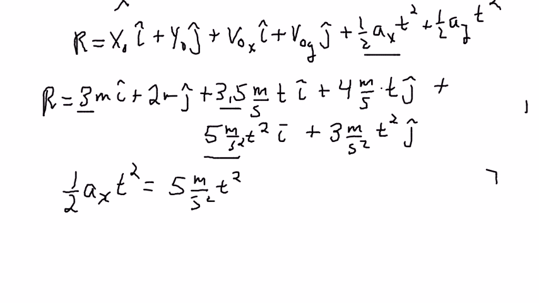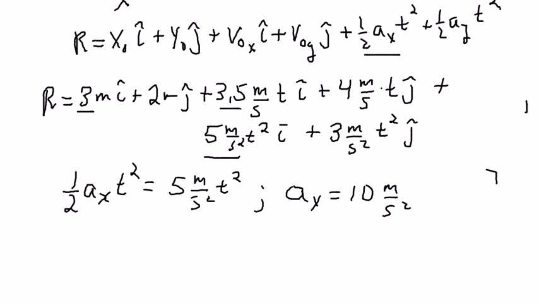And what we see here, and we actually know this from calculus, but if we just assume we don't know any calculus, is that a in the x direction is actually equal to 10 meters per second squared.